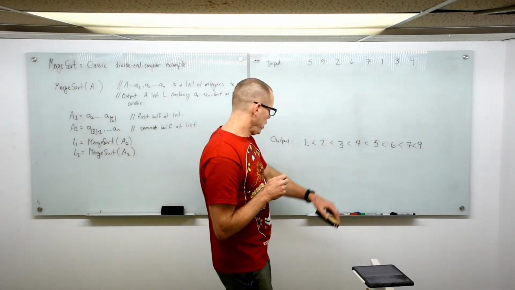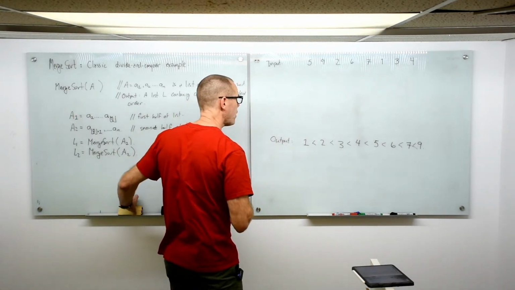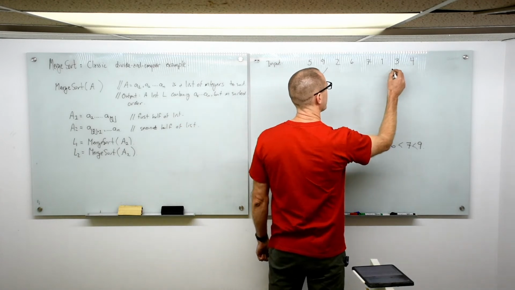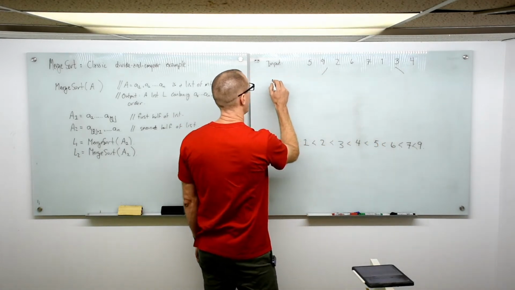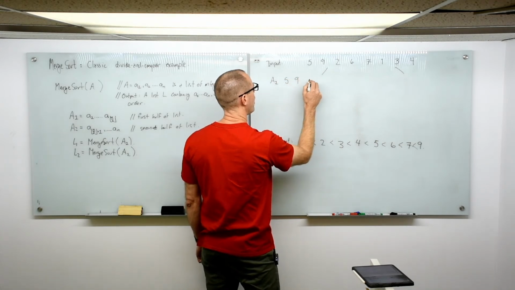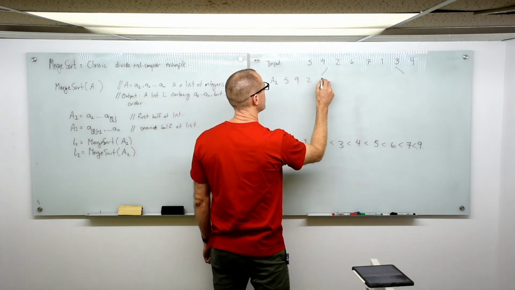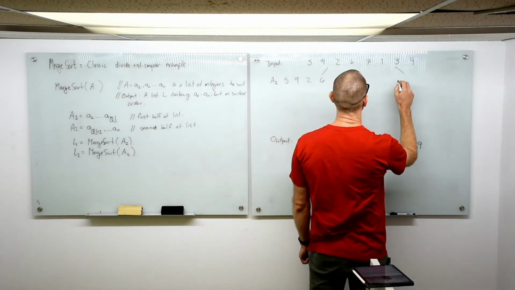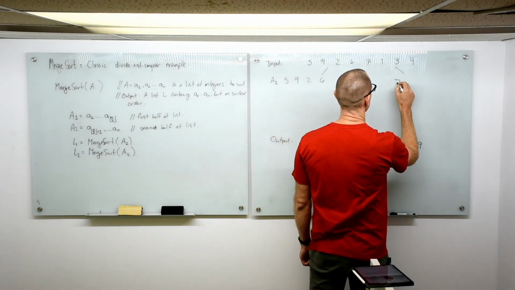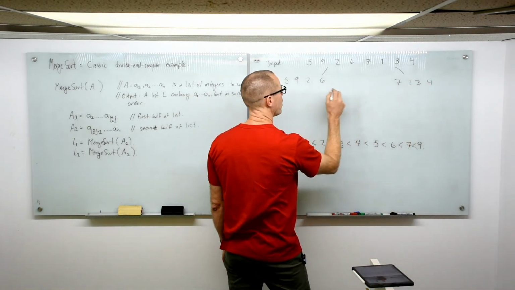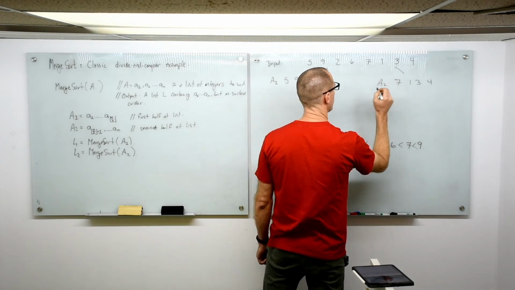So in this picture here, what this looks like is we get two lists. A1 has 5, 9, 2, 6 in it, and A2 has 7, 1, 3, 4.